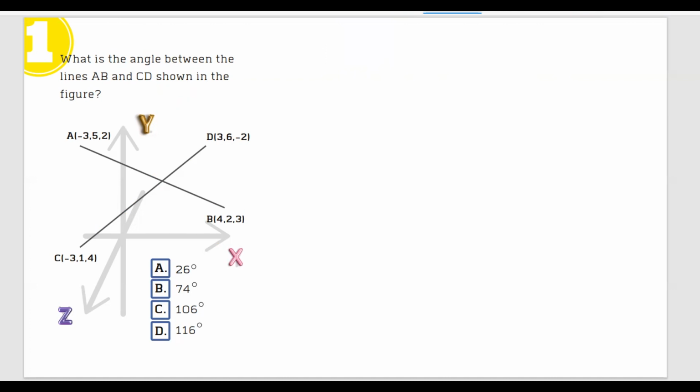So first, let's think about this line AB. If we were to calculate the vector AB, we're going to have the coordinates BX minus AX, BY minus AY, and BZ minus AZ.